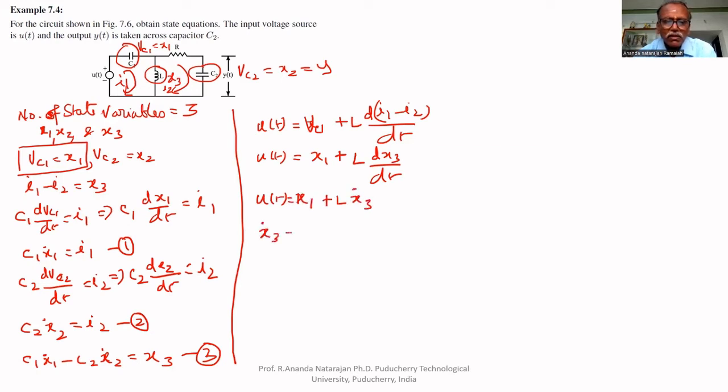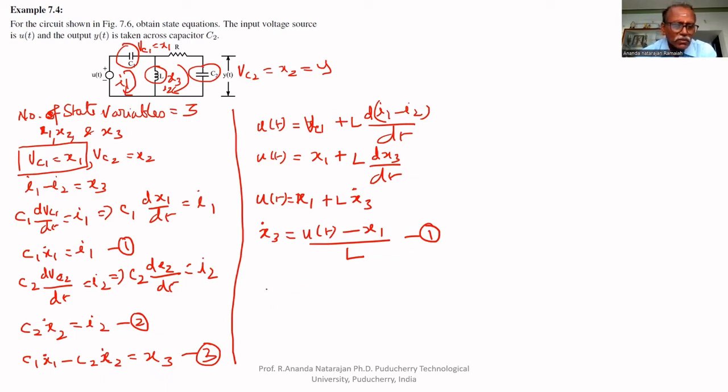Therefore, x3 dot equal to u(t) minus x1 divided by L. That is the first equation. We got one equation. Similarly, we can find x2 dot also.